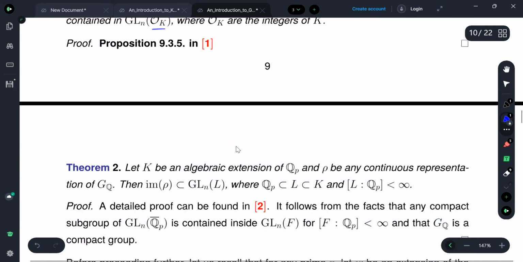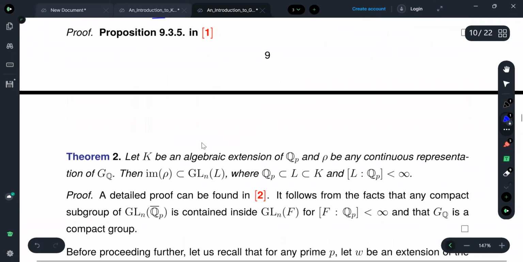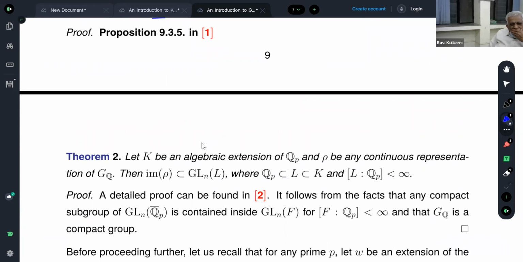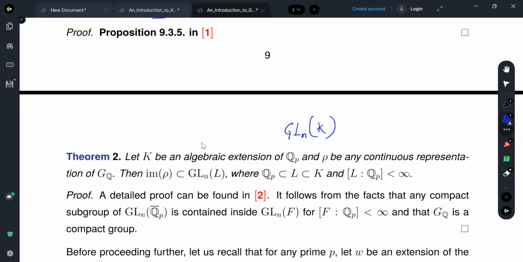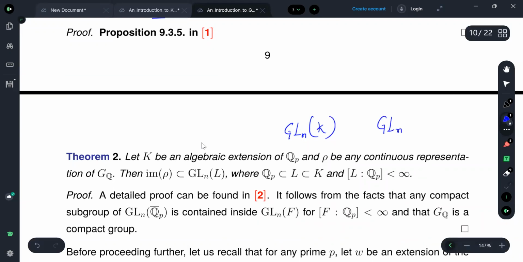And another thing is, if you consider any algebraic extension K of Qp, and you consider rho to be any continuous representation of GQ which takes values inside GLN of K. So you can maybe consider the largest such, a representation in GLN of Qp bar.